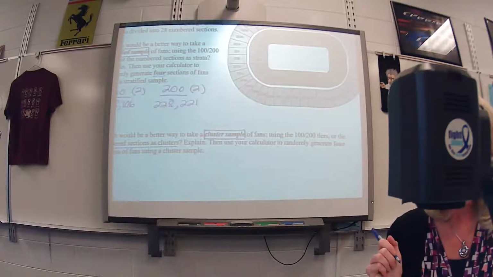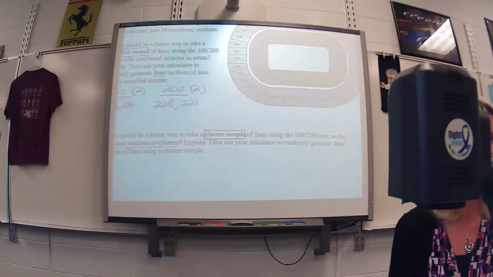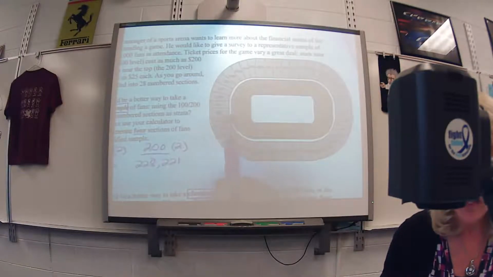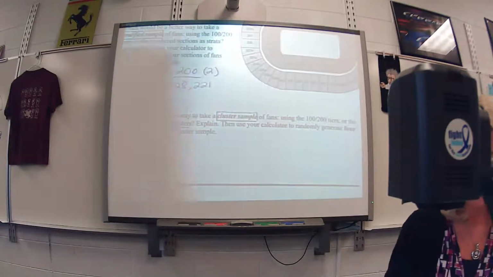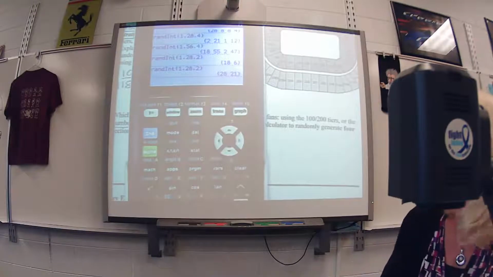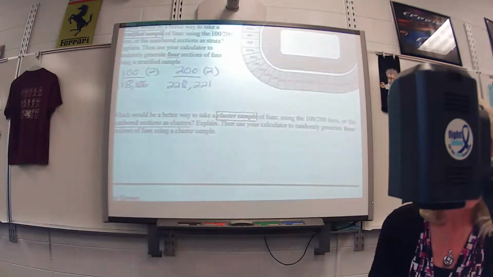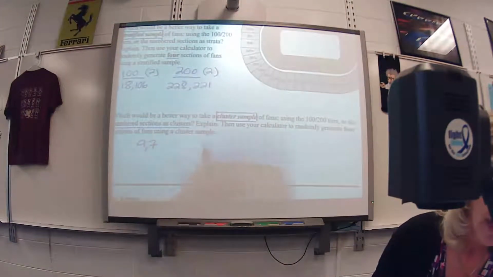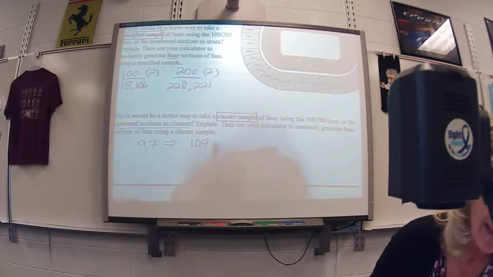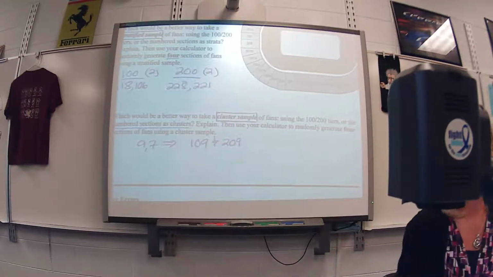So we could say, okay, if I know I want 4 sections, well, every number actually has an upper and a lower. So this time I really would just go for 1 to 28 and only 2 of them, 9 and 7. And so what I'm going to do is go to section 109 and 209, and I'm going to call that a cluster.